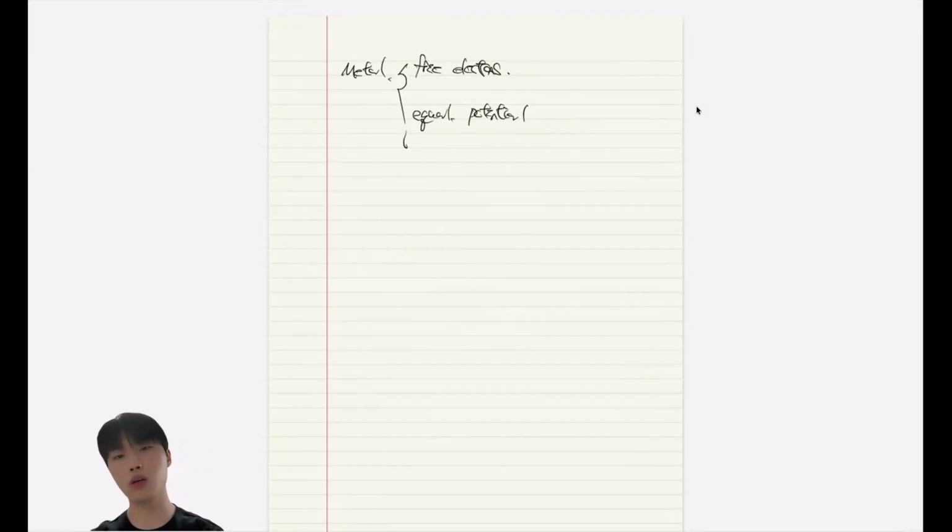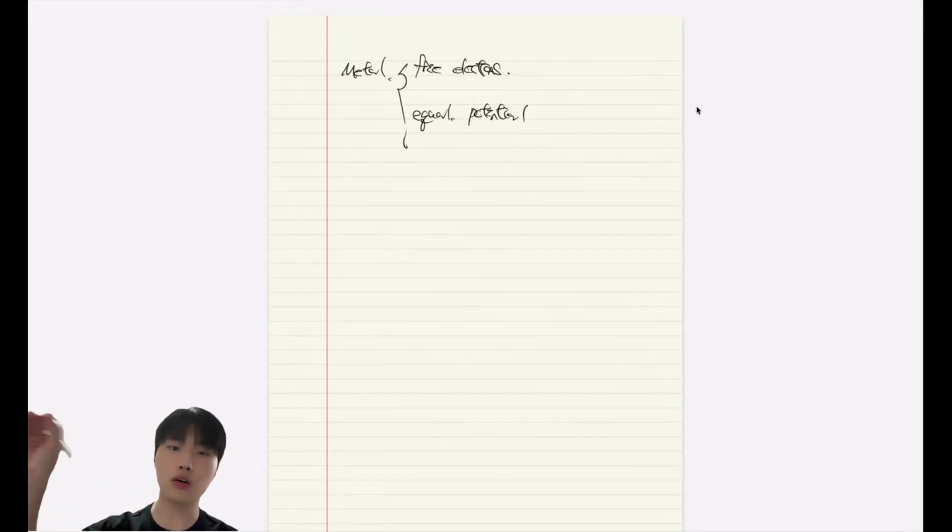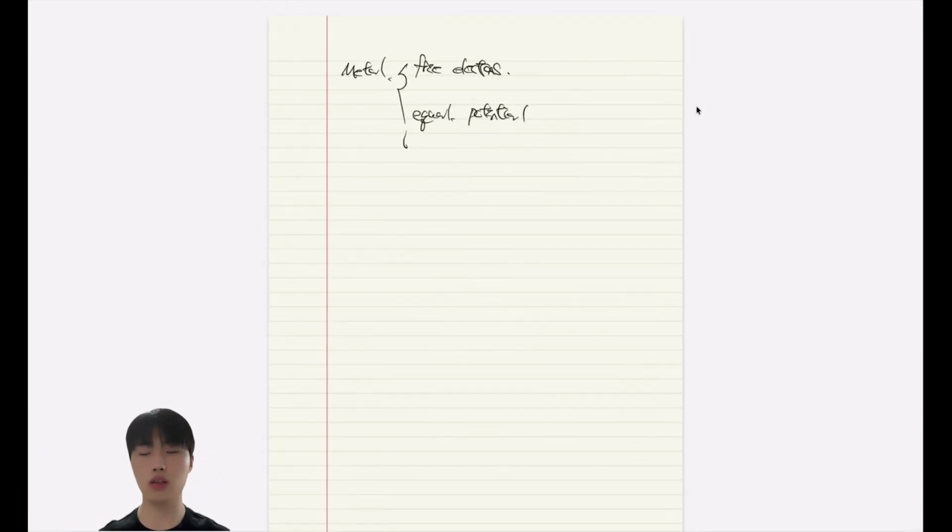The word equal potential means that every part of the metal has the same potential. So when we apply a bias on a metal, the band doesn't bend.